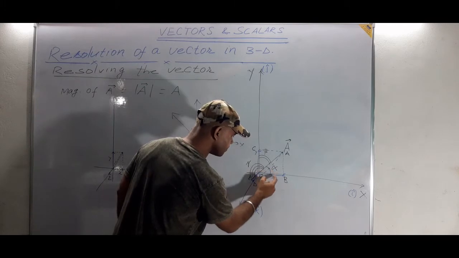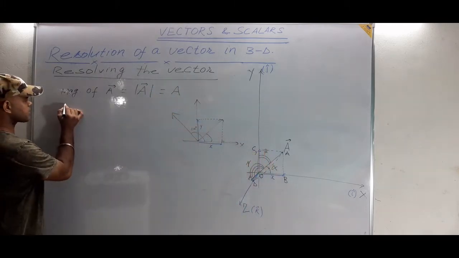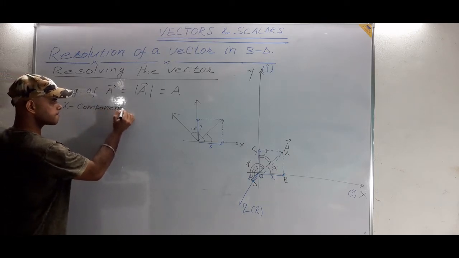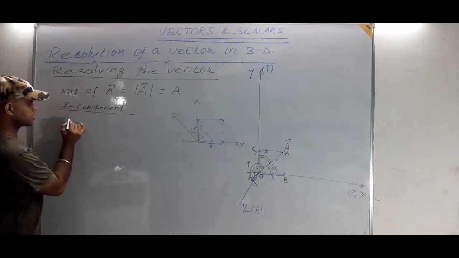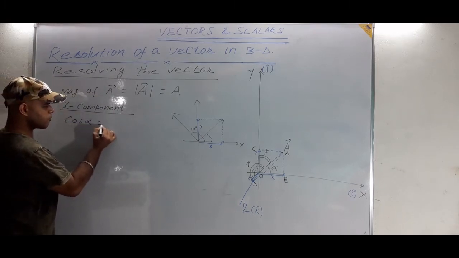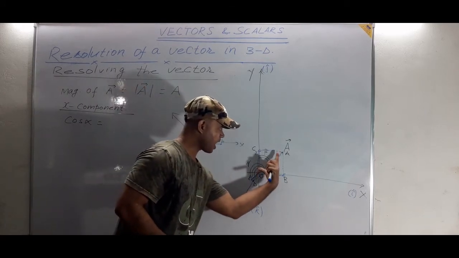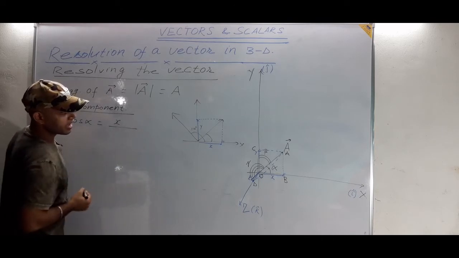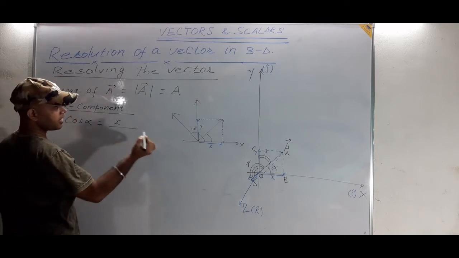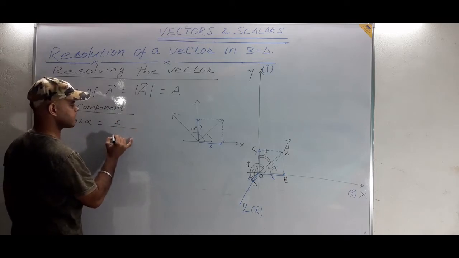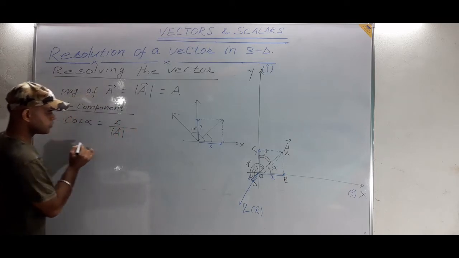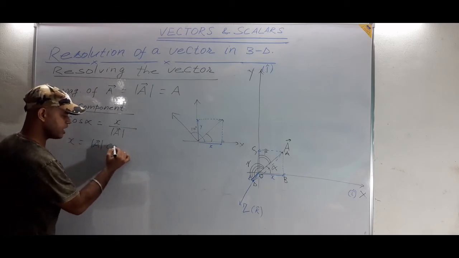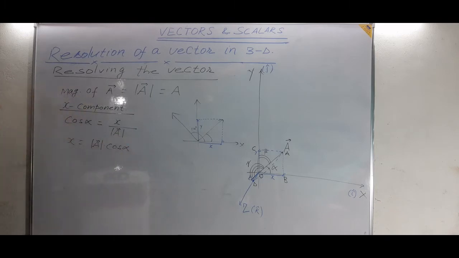For the x component, we can write cos of alpha is equal to base upon hypotenuse. So base is x, which we want to find, and hypotenuse is the mod of the vector a. So what is the value of x? That is the mod of a vector, the magnitude of the vector, into cos of alpha, right?